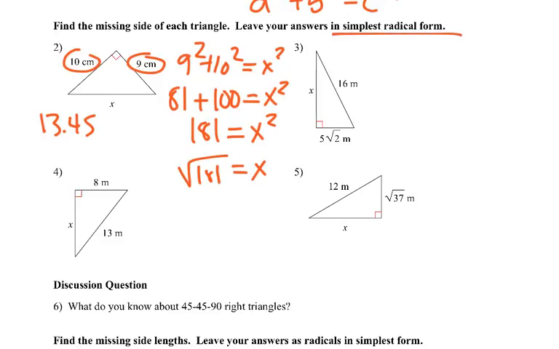However, this wants simplest radical form. In order to do that, we have to factor. Okay, 181 is not an easy one to factor either. So I'm trying some numbers.